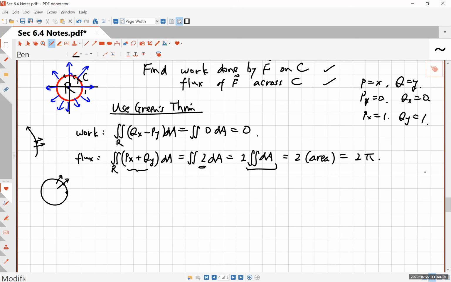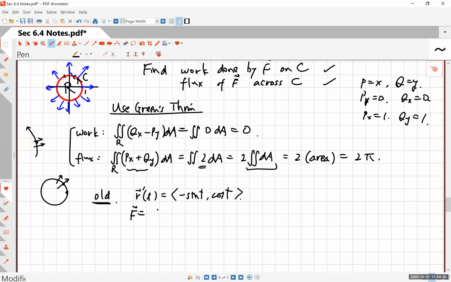All right, let me show you how to think about this again in the old way, without using Green's theorem, okay? So remember r(t) is cosine t, sine t, so r prime is negative sine t, cosine t, okay?